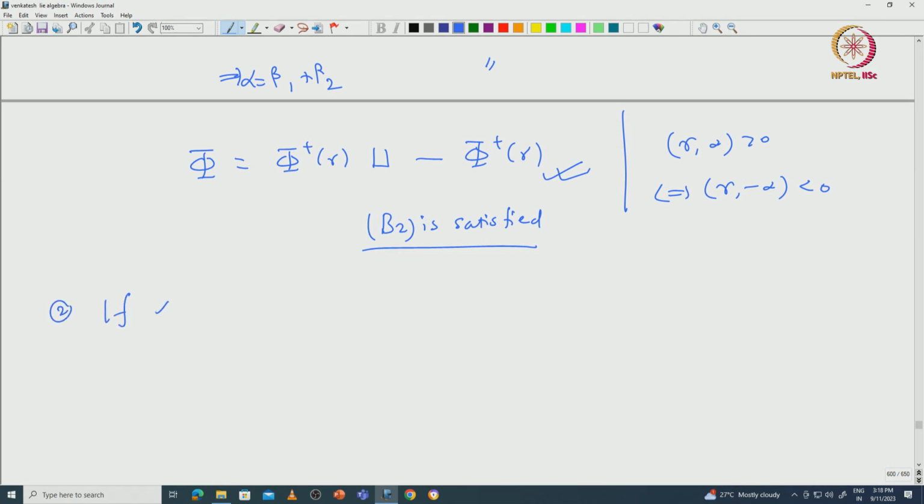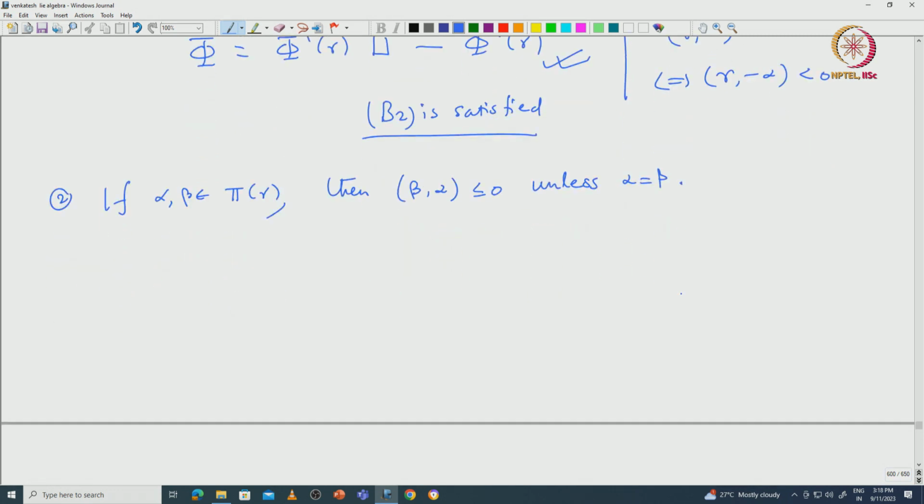If we take alpha and beta coming from pi of gamma, then one can immediately prove that the inner product alpha beta must be non-positive unless alpha equals beta. How does one prove this? Suppose this is not true. Then alpha beta must be positive.